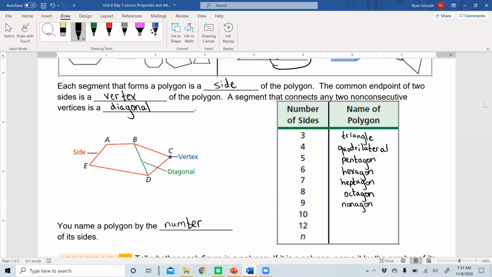Almost sounds like you're saying 9-agon, but it's non.